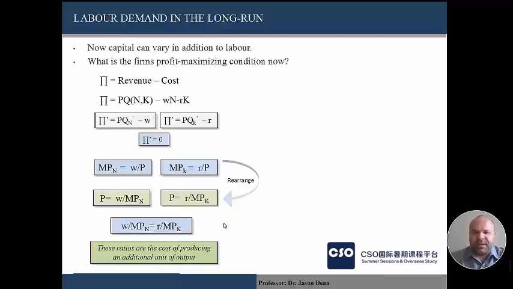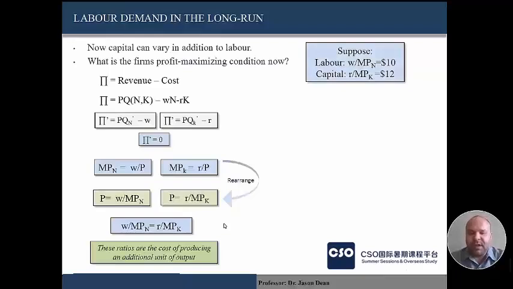Just to get some intuition as to why this is a profit maximizing condition, let's suppose this doesn't hold and a firm is producing at a point where the wage divided by the marginal product of labor is equal to 10 and for capital it's equal to 12.